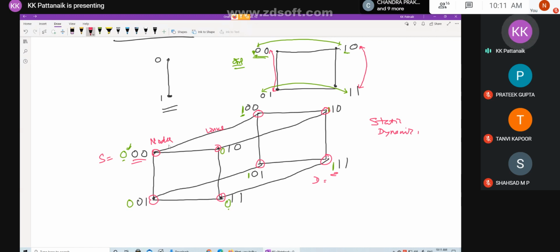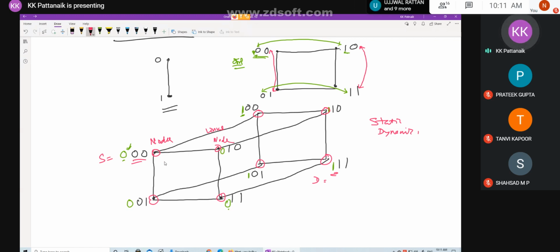And this hypercube topology is also used in load balancing. This is out of context, but I'm giving you a scenario to understand where this kind of topology is used, apart from networks. Suppose this is a node and this is a node, right?